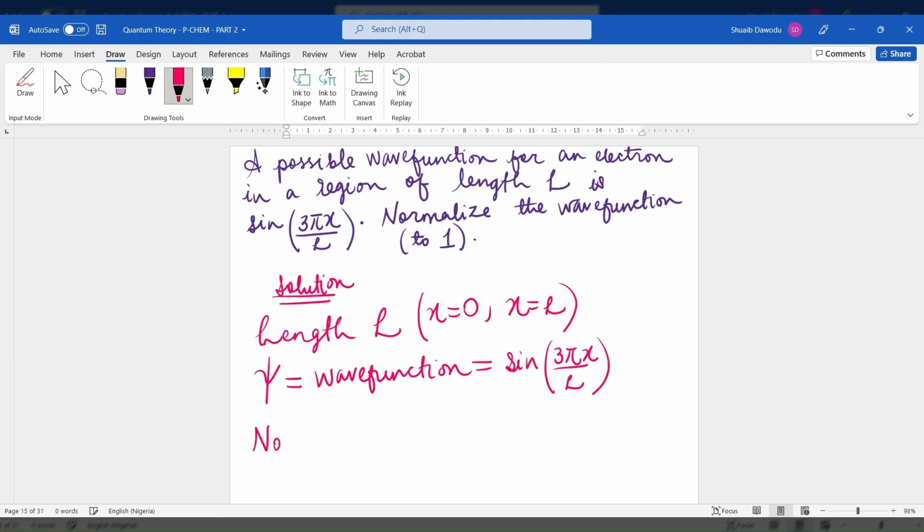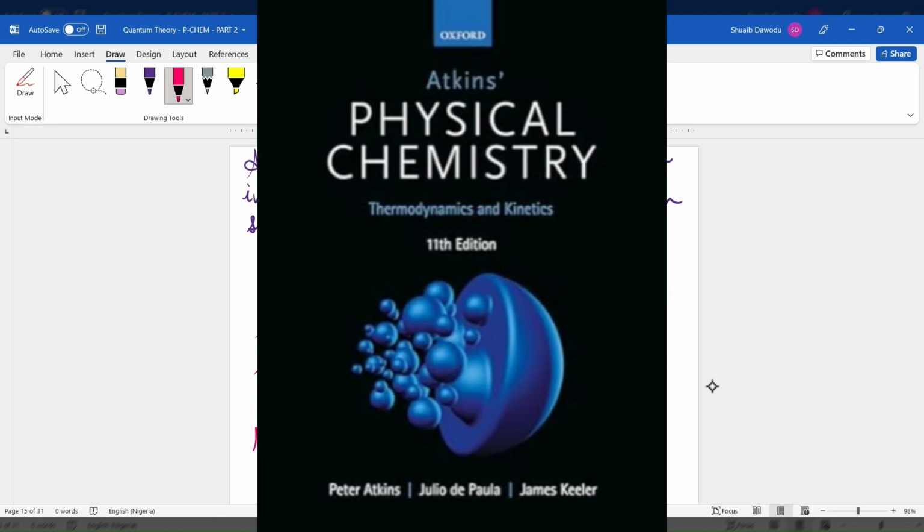So a normalized wave function, for those of you who don't know, maybe this is the first video you are watching on answering questions like this in your quantum chemistry or quantum mechanics class. By the way, this question is from the Atkins Physical Chemistry 11th edition textbook, and this is a question from 7B.